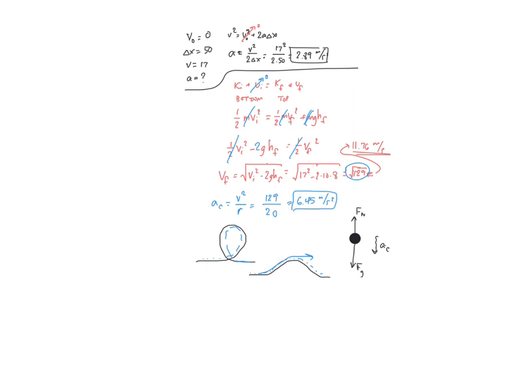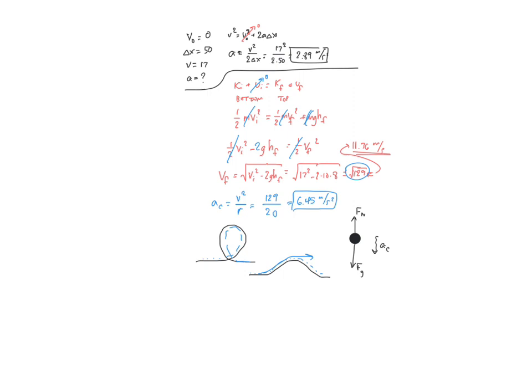So with this one, we want to find, in part E, the minimum speed the car must have at the top of the hill for it to momentarily lose contact with the road, because anything greater than that is definitely going to lose contact with the road if it's going too fast. So to lose contact with the road, remember that means the normal force has gone to zero.